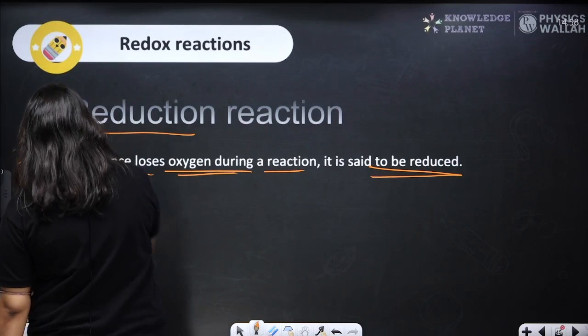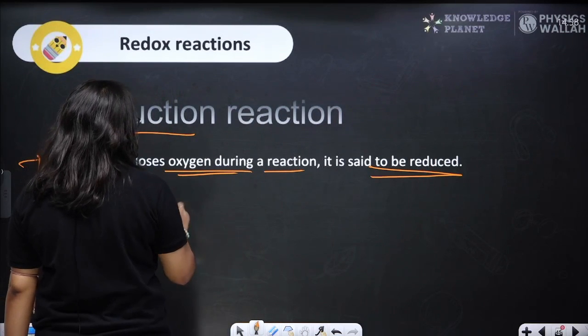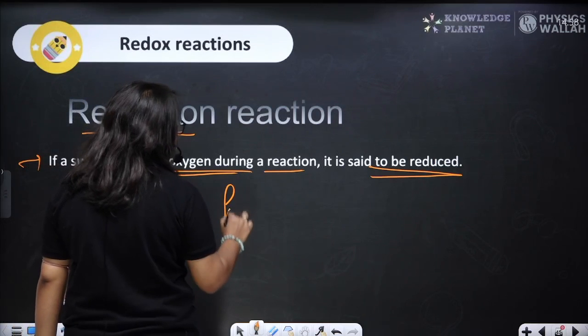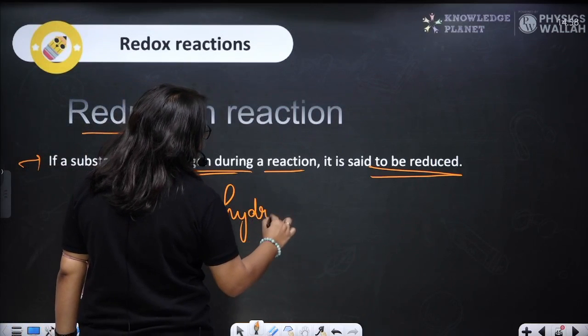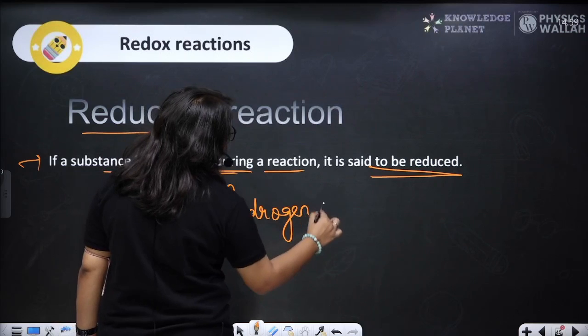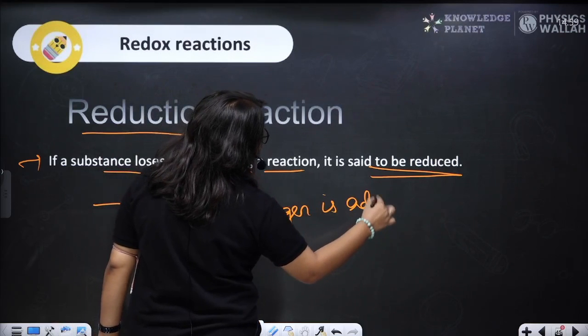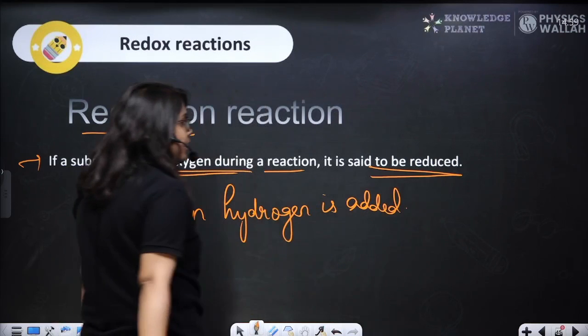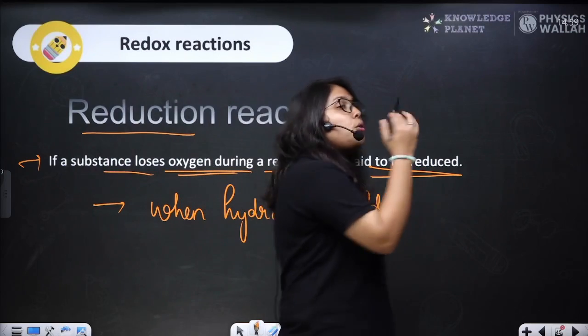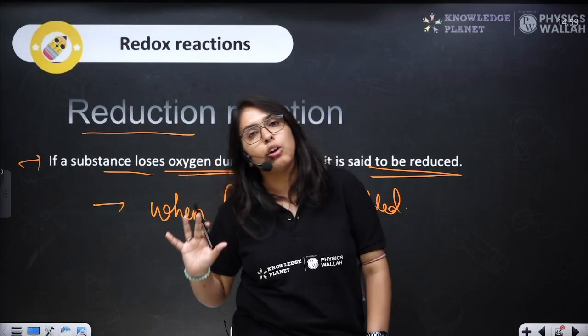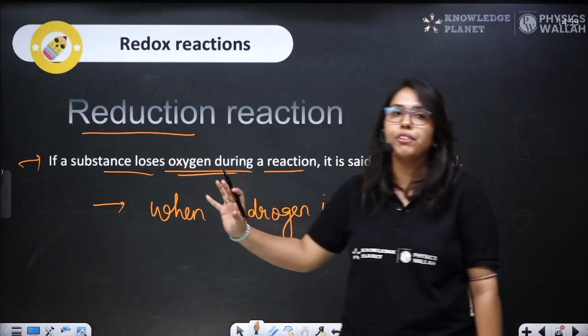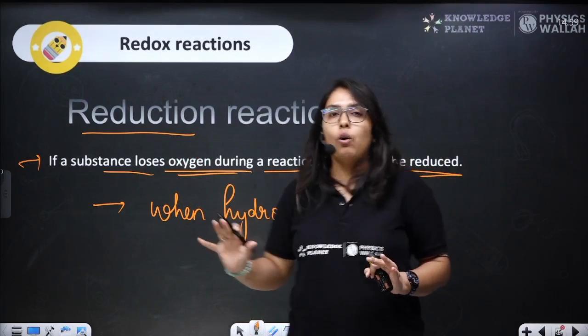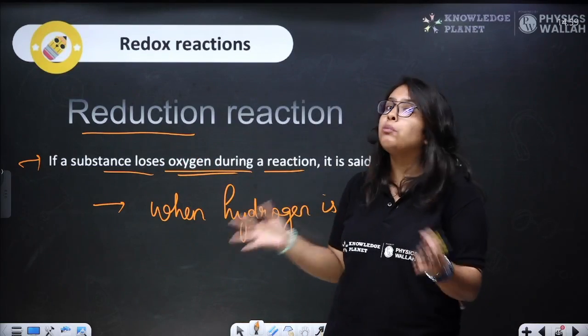I can also say when hydrogen is added, it is said to be reduction. Also, you have to take one, that is, either you say oxygen is being removed or hydrogen is being added. Either of the two, not both of them.